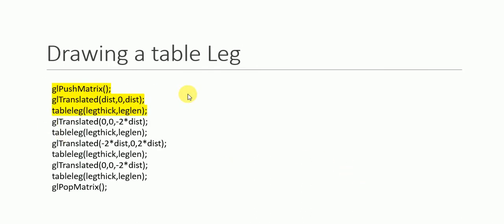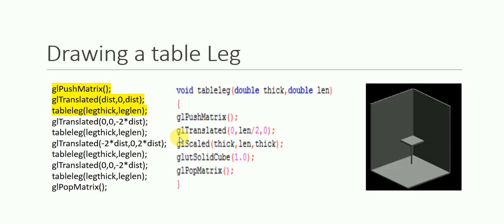So next one is draw the leg. In the table there are 4 leg functions called. The first leg function, the table leg function is called, table leg push matrix. The previous information is pushed, and then draw the table leg with this.